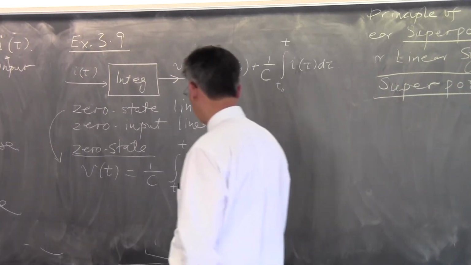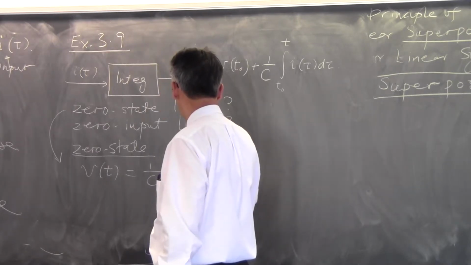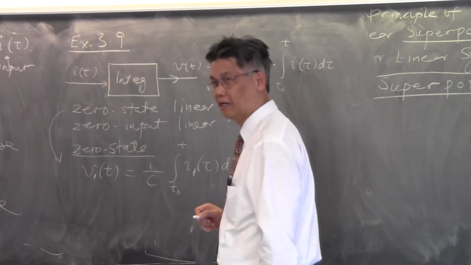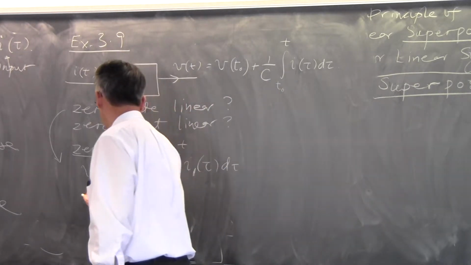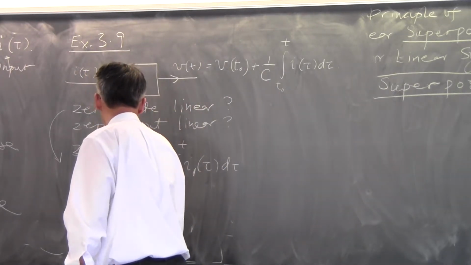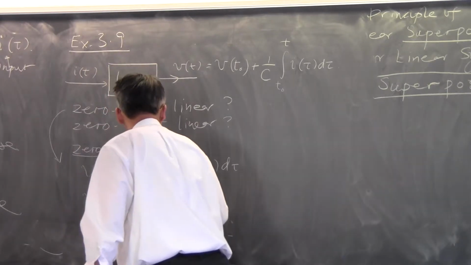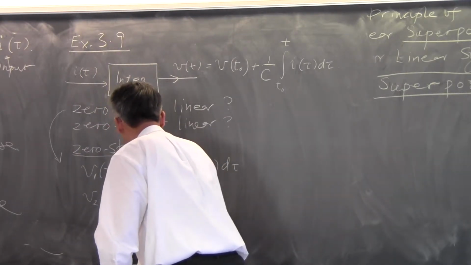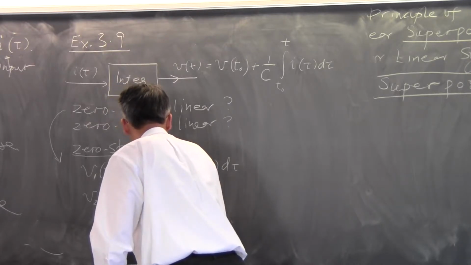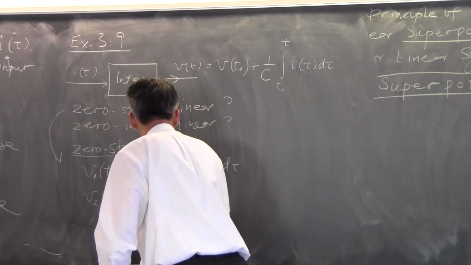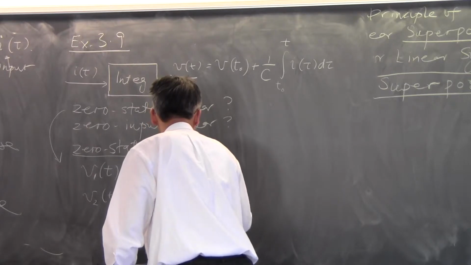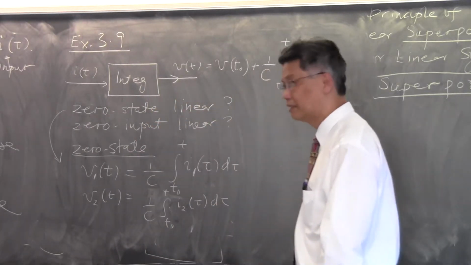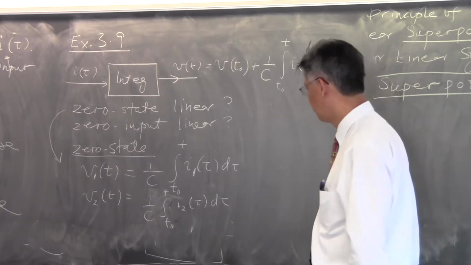Then if I have I1 as my input, I will have V1 as my output, or the response. And if I put in a second input, let me write this slightly further down, 1 over C integral from t0 to t of I2(tau) d tau. So the first input is I1, the second input is I2.